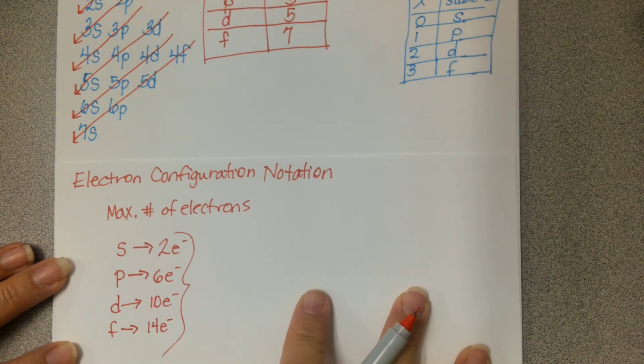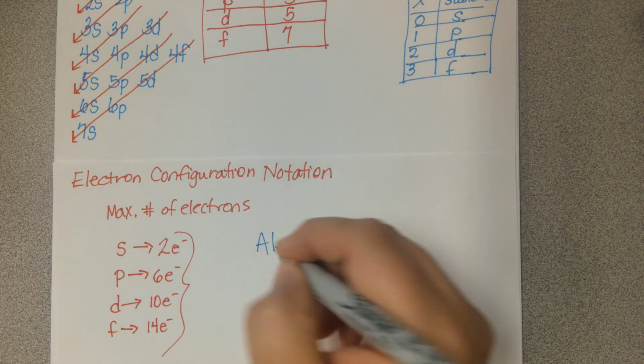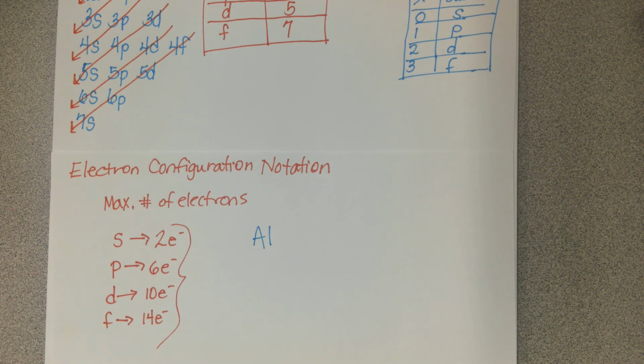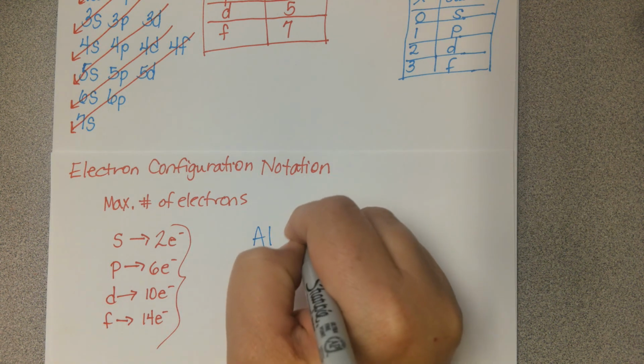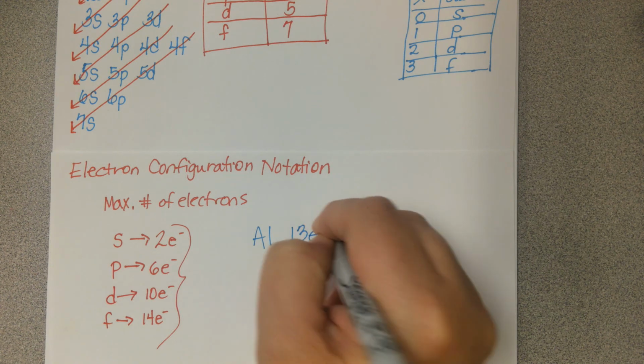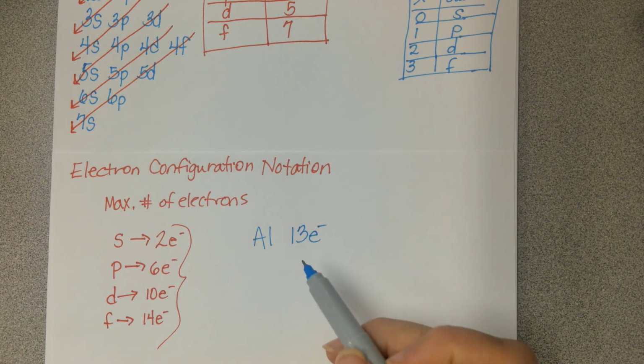And so let's start with aluminum. If we go to the periodic table and find aluminum, we're going to see that aluminum's atomic number is 13. In neutral atoms, the number of electrons and protons are equal, so aluminum has 13 electrons.